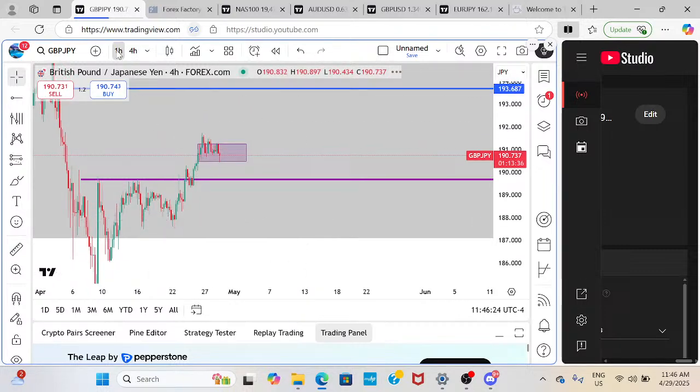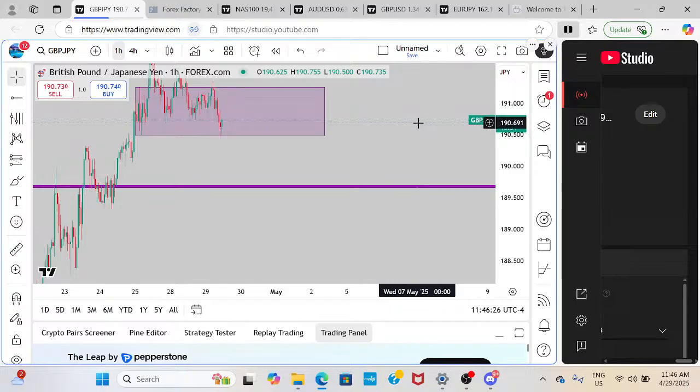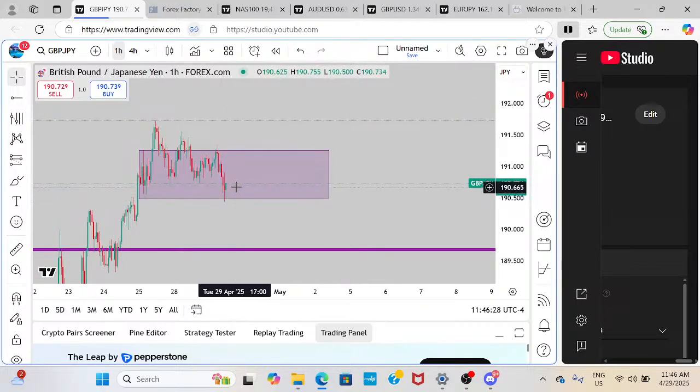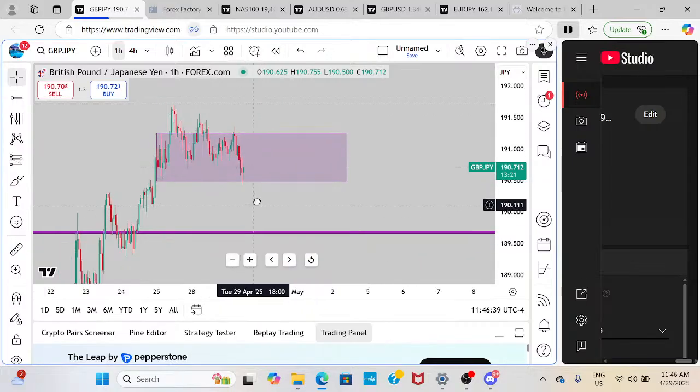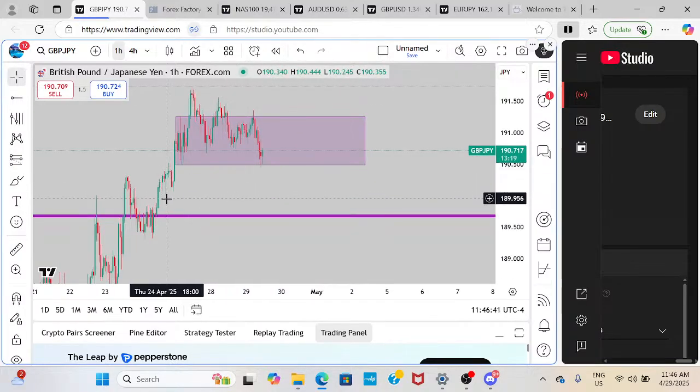Okay, now in the short term, if you want to take a buy and you want to target 191.26, which is where the price is going to go to first, then set your stop loss below 189.